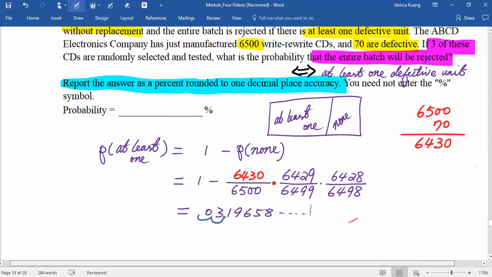For some reason it doesn't allow me to move, so let me do it one more time. Okay, so I want to keep one more decimal place after 3. I look at the number after the 1, which is a 9, so that means I have to round it up. So my answer will be 3.2%.